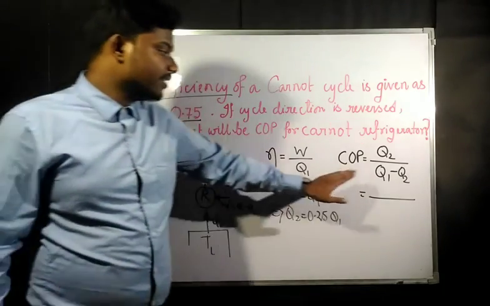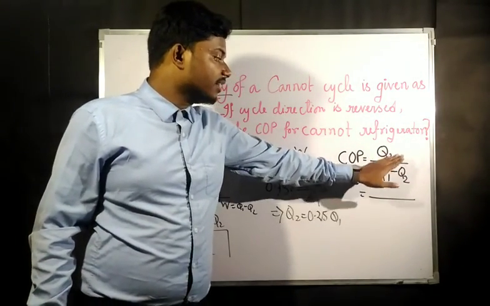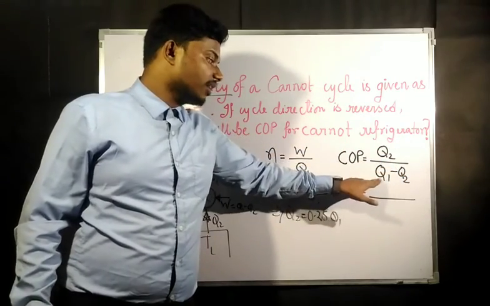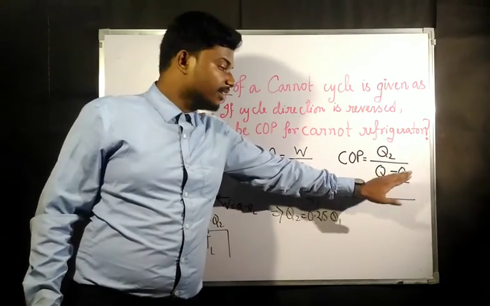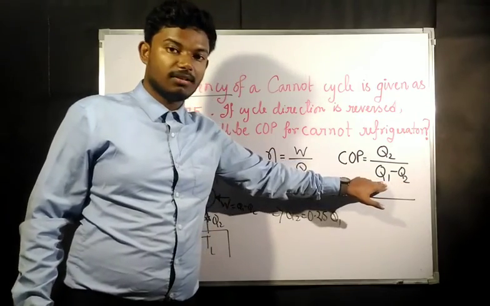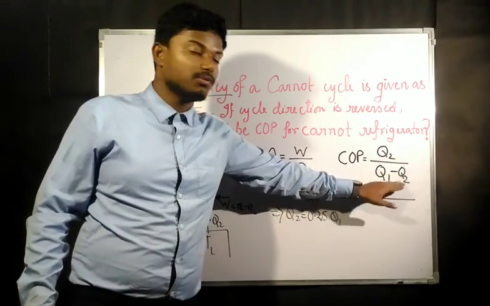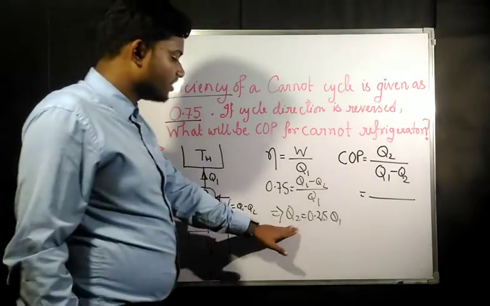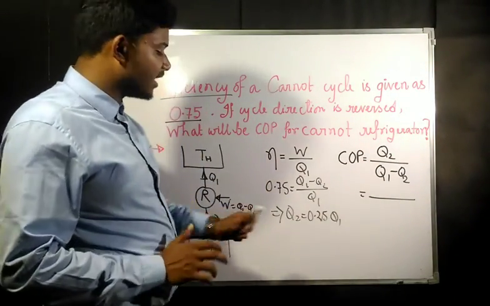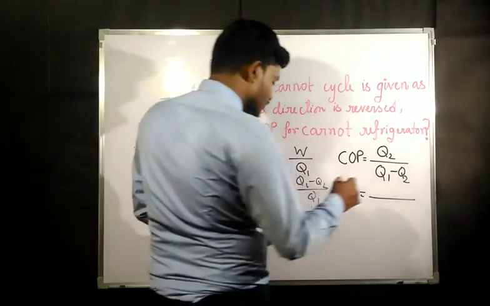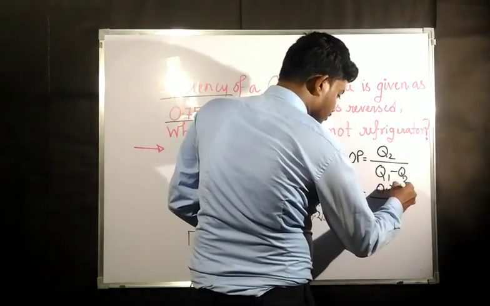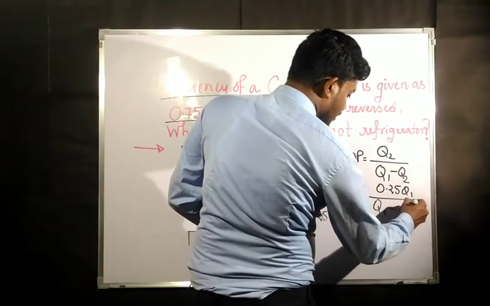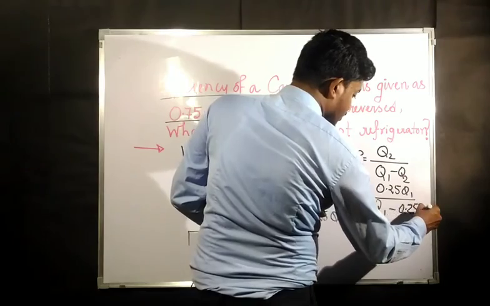We need to convert one of these terms into the other. Either you write Q2 in terms of Q1, or you write Q1 in terms of Q2. Since we have the direct relation Q2 equals 0.25 of Q1, I am writing Q2 in terms of Q1. So this is going to be 0.25 of Q1 divided by Q1 minus 0.25 of Q1.